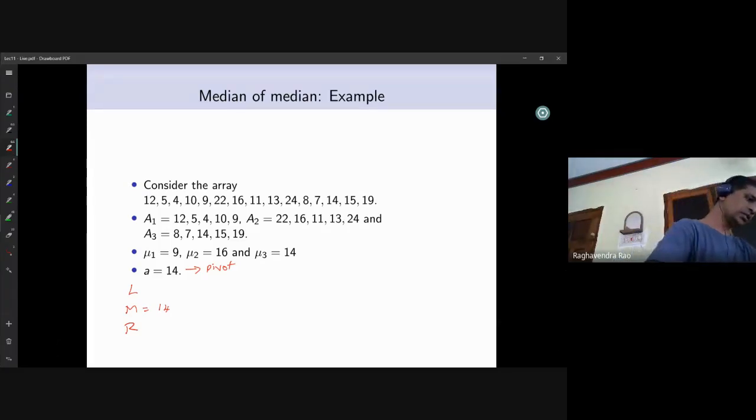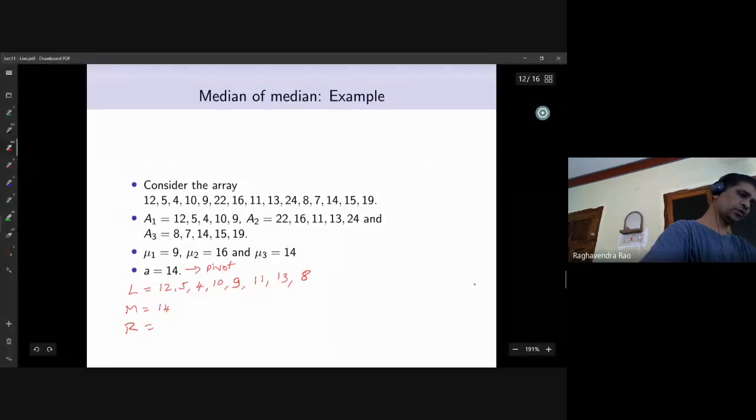You just scan the array from left to right and write down all elements that are less than 14 here. So what is that? 12, 5, 4, 10, 9, 22 is larger, 16 is larger, then 11, 13, 24 is larger, then 8. Algorithmically, that is what is happening.